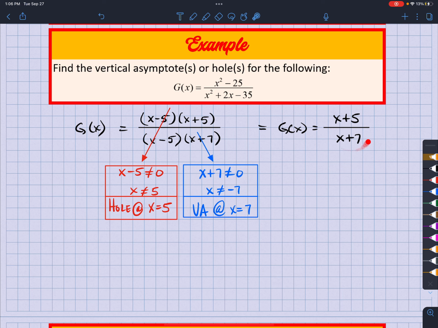So if you look at the reduced, or lowest terms, of the fraction, you're not going to see the x minus 5 anymore. But you're definitely going to see the x plus 7, so the vertical asymptote is obviously going to be there. And that's why there's a hole at 5: the x minus 5 cancels out, so you don't really see it, but there is actually a hole right there. Just because we cancel it out doesn't mean it never existed.